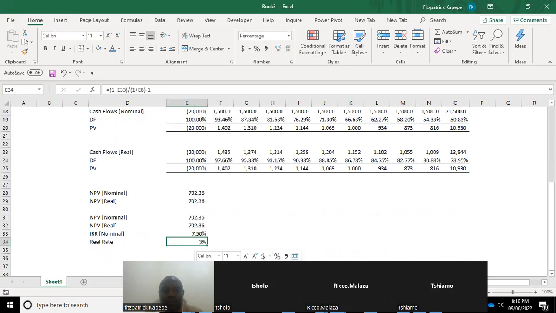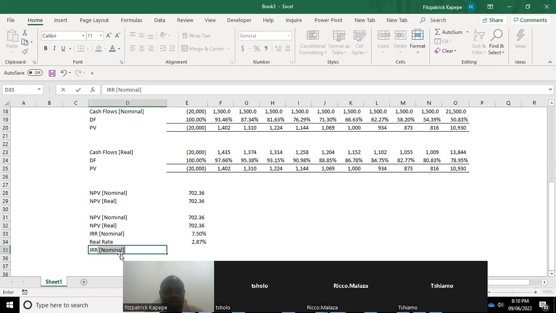That's right. 2.87. If I use the IRR type in getting the real rate, it should give me the same answer, I think. And it's otherwise. So say IRR, I pick the values from here.